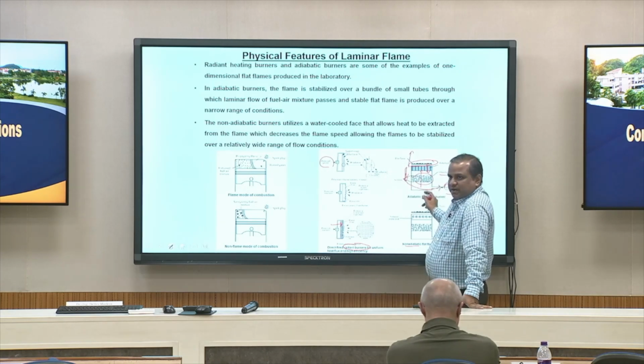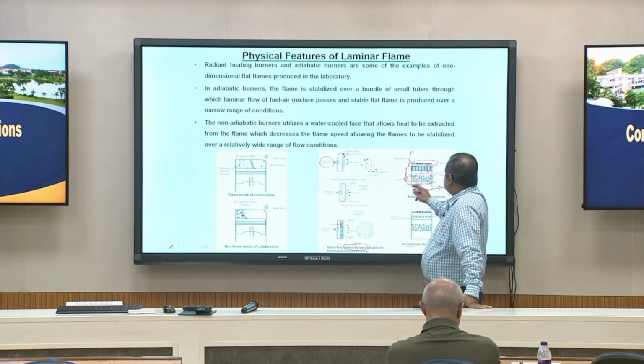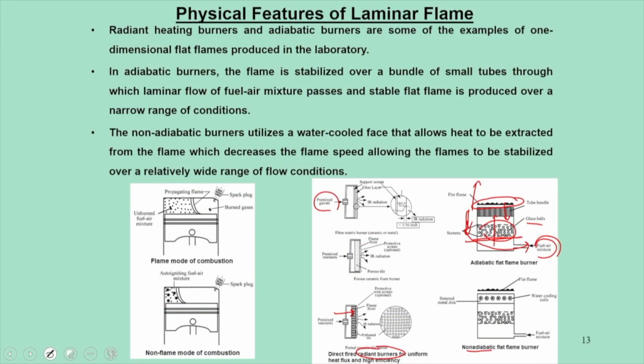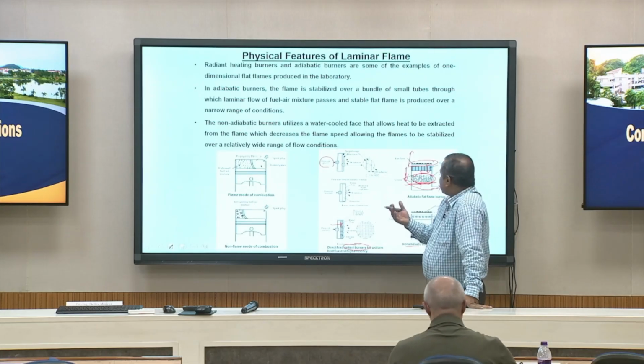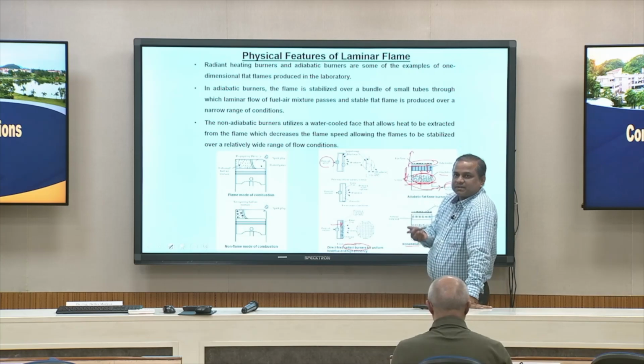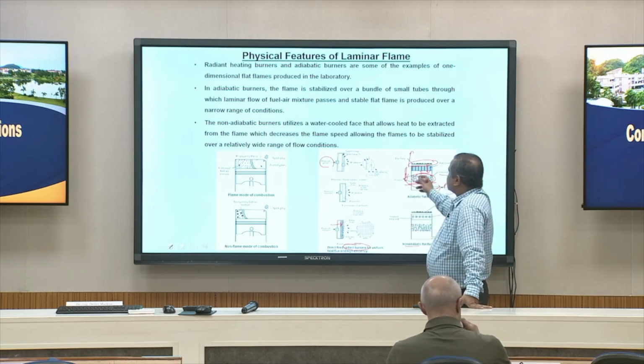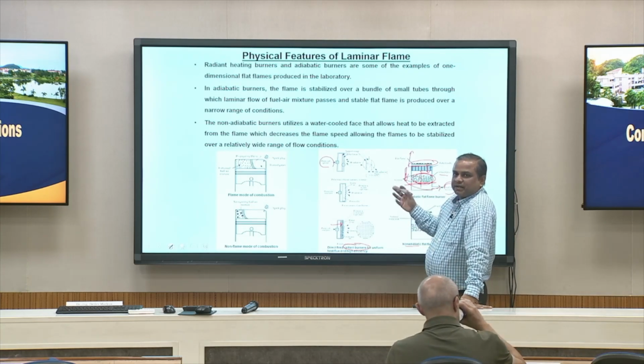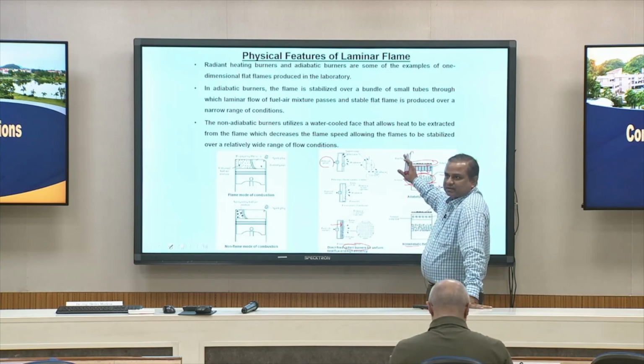To ensure this flashback does not happen, we require some kind of mechanism in the form of a flame arrestor, or this kind of design will help us arrest it. For example, as we discussed in the last class, the holes are such that they can only allow the forward charge.